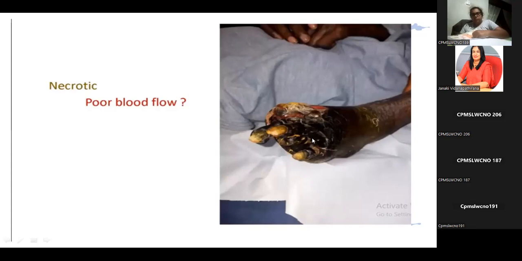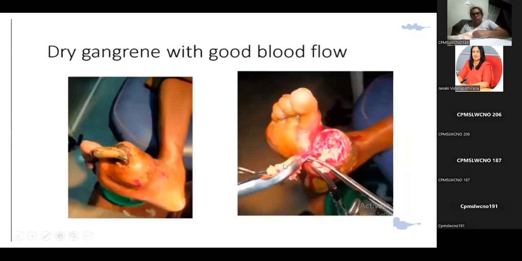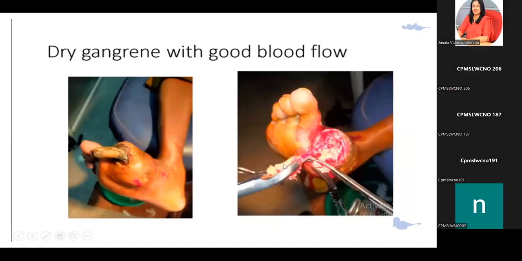But the dressing is dry. So there's dry gangrene. Patient comes with dry gangrene. Mismanaged toe wound, septic endarteritis of two vessels of the toe, and a pretty clear dry gangrene.